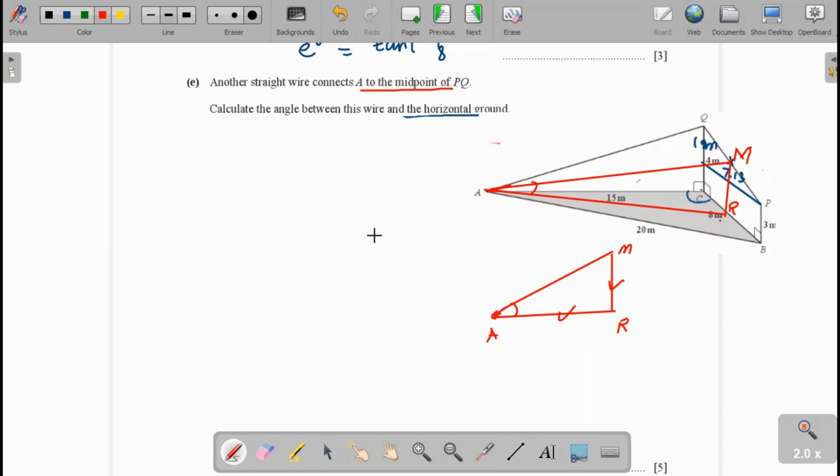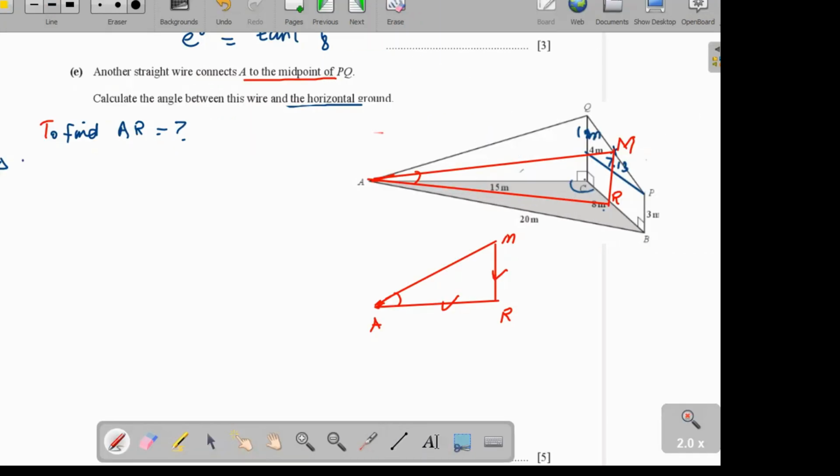Now firstly we find the length AR. To find length AR, we see here this is the triangle ACR. In triangle ACR, you see here the length of AC is 15, CR is 4.